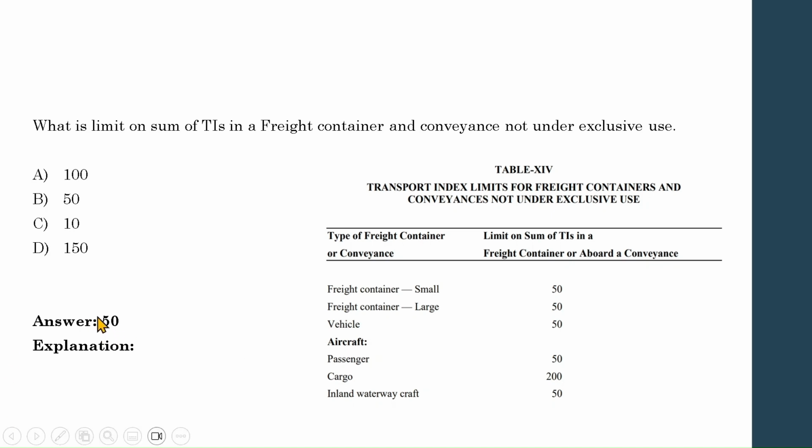The maximum TI can be 50 under routine conditions of transport, not under exclusive use. Mostly the limits are 50, but for aircraft under cargo category, the limit is 200. For the rest of the freight container, small and large vehicle, and passenger aircraft, the maximum TI is 50.